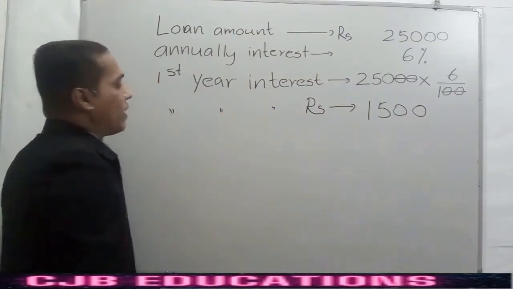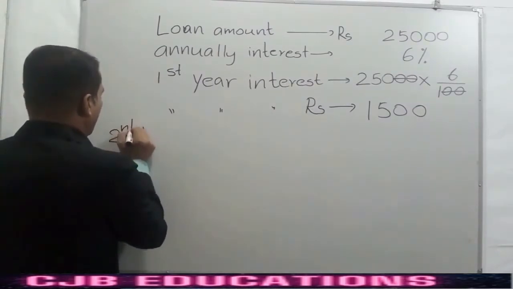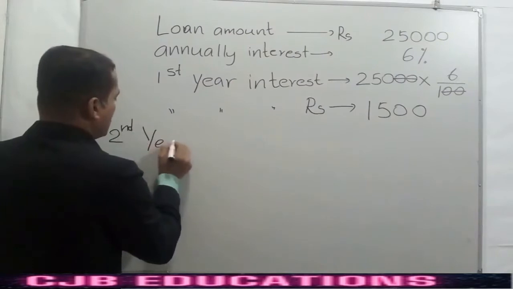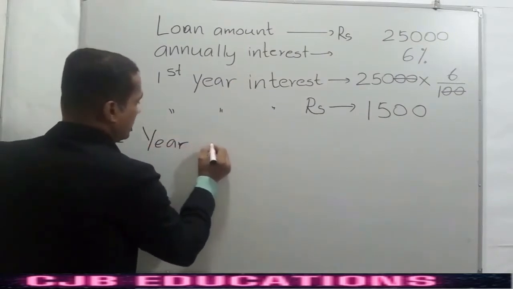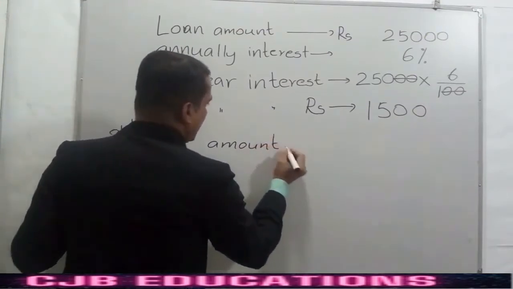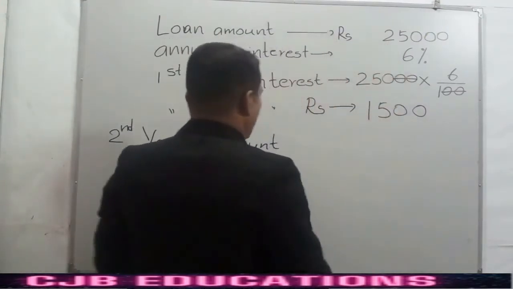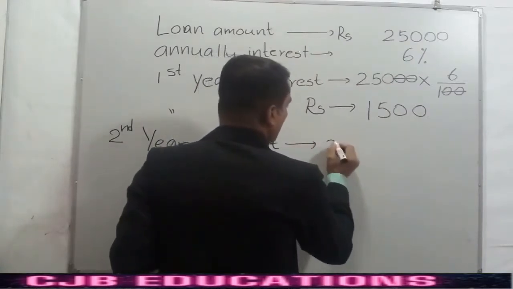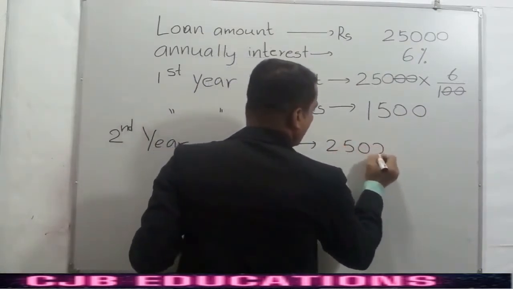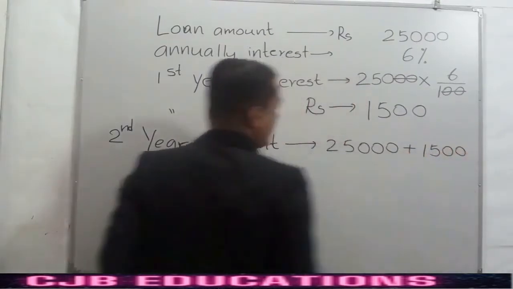Then we can find the second year amount. The second year amount is the loan amount plus the first year interest: 25,000 plus 1,500.